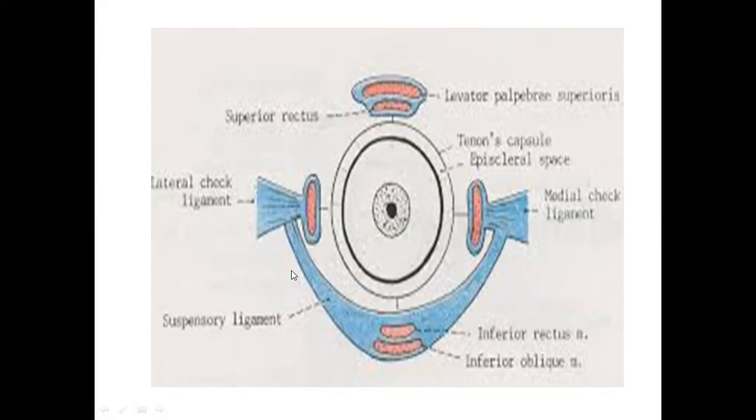So these are the three expansions of this Tennant's capsule. So for Tennant's capsule, you should write about the definition and from where to where it is extending, then what are the structures piercing this Tennant's capsule and what are its expansions, with the diagram.